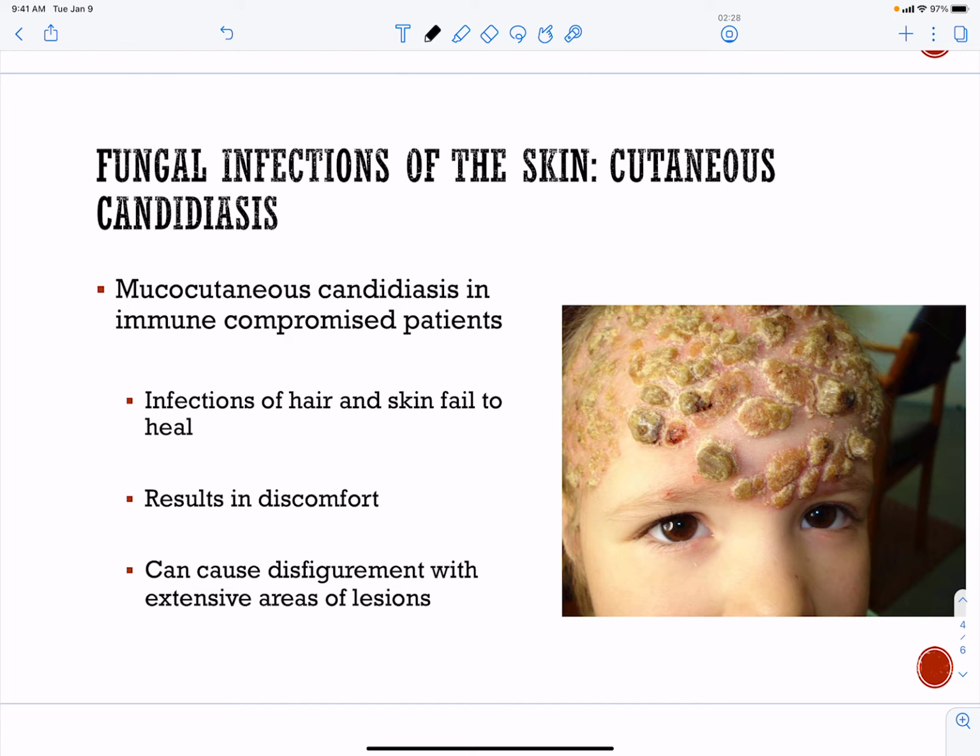This is a mucocutaneous presentation. This individual is an immune-compromised cancer patient. And so the superficial infection of the hair and skin does not heal. This unfortunate individual has a very disfiguring presentation of Candida, and it's a very uncomfortable presentation of Candida.